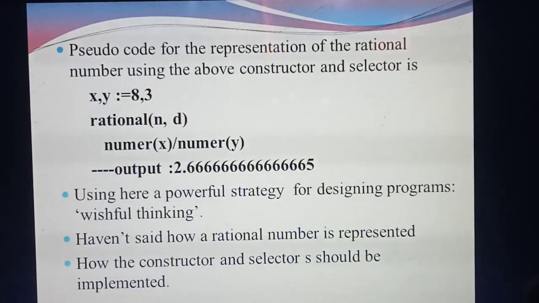The formula is numer of x divided by denom of y. What output do you get? The same answer, 2.66. Mathematical calculation gives the same answer, and writing the constructor and selector functions also gives the same answer.